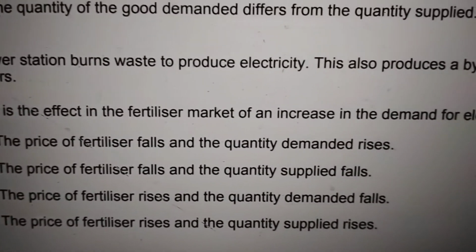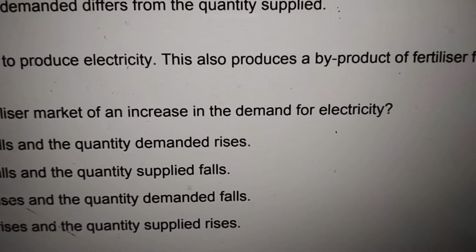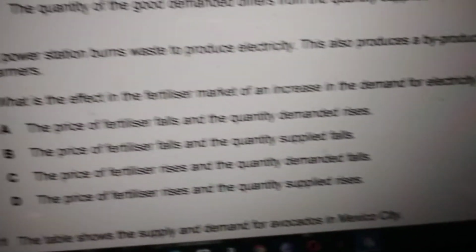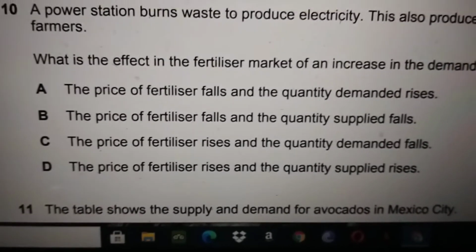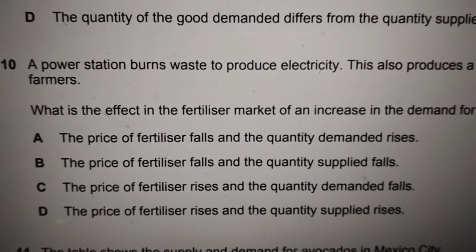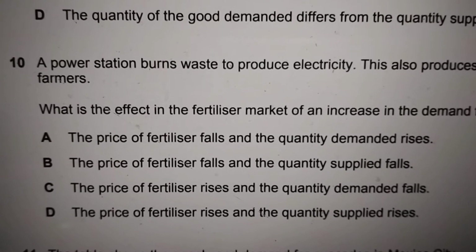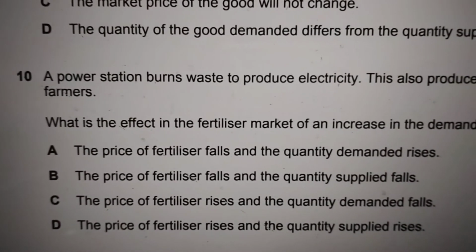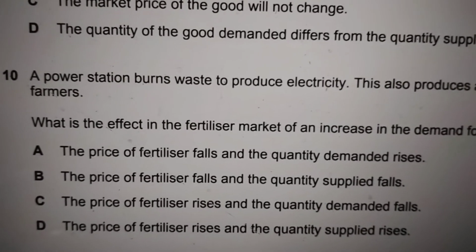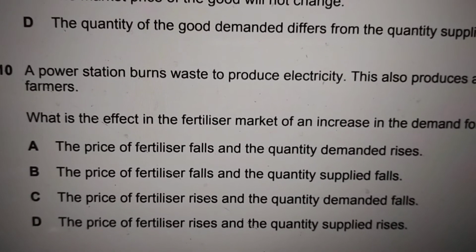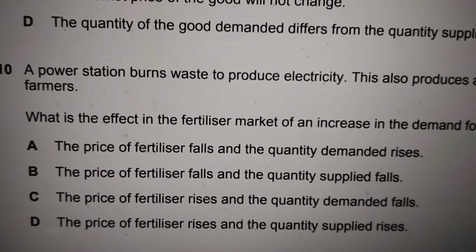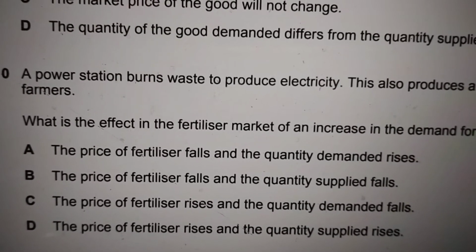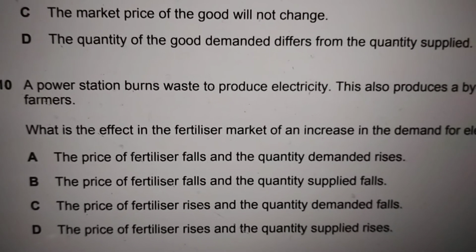What is the effect in the fertilizer market of an increase in the demand for electricity? So if the demand for electricity is increasing, it means that more fertilizers will be in demand. So the supply also will increase, because more electricity will be generated, so more fertilizers will be demanded, and also they will be supplied as well.